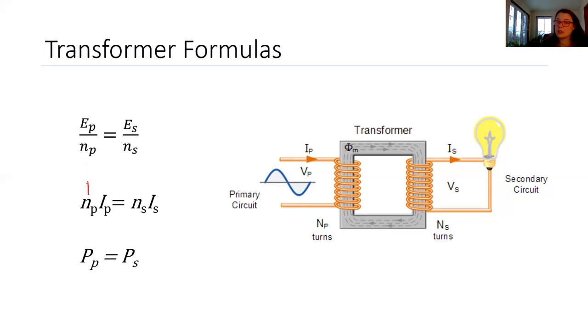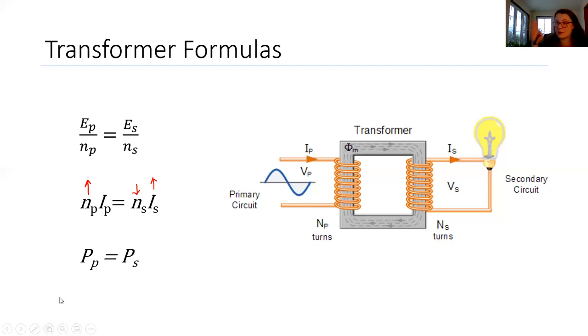If I increase the number of turns, in order to keep this side matching, the current here is going to decrease. So more turns on the primary, fewer turns on the secondary. To keep this ratio the same, in order to balance it out, the current on the secondary is going to increase. So if you get a drop in voltage, that's great, but what it does is it bumps up the current.